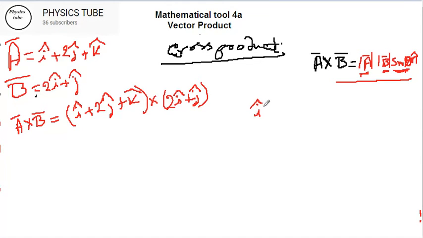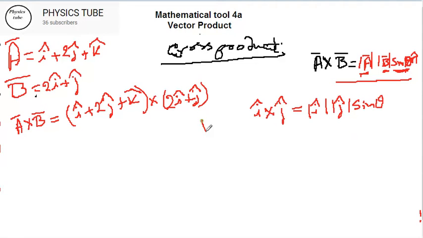Now before going to that, we must know a very simple thing, like in dot product we have done I dot j, what does I cross j mean? I cross j means magnitude of I, as per this formula, times magnitude of j, and remember I is a unit vector, j is also a unit vector, so the magnitude is going to be 1, and there is sine theta, and theta is between I and j.